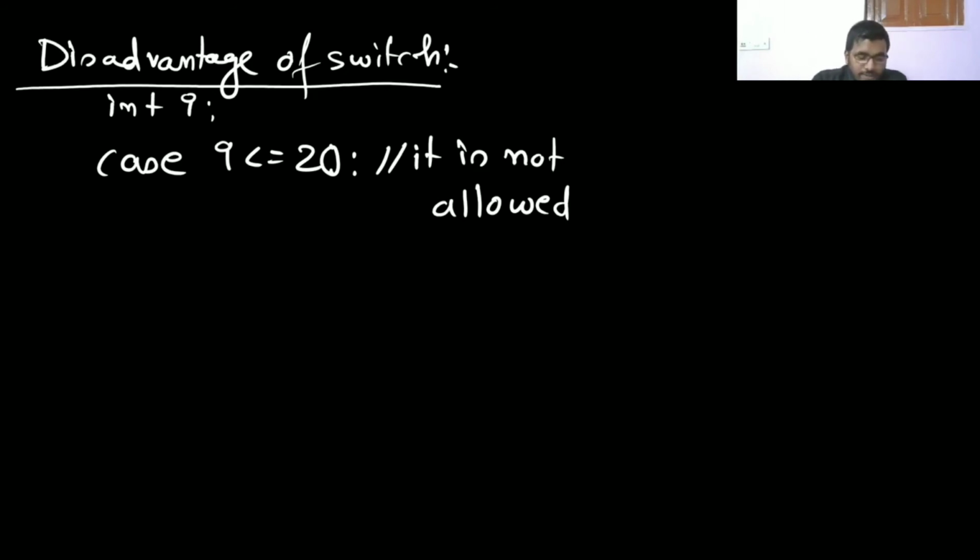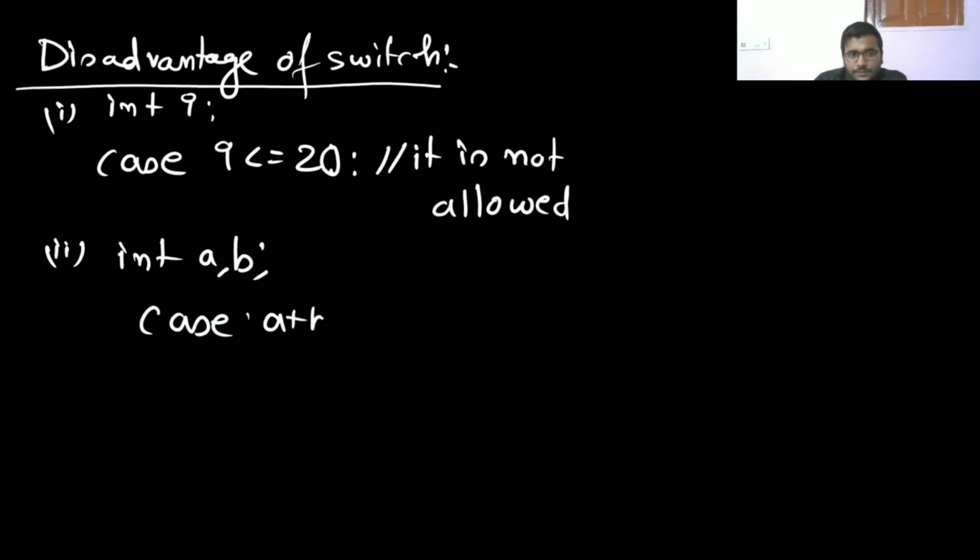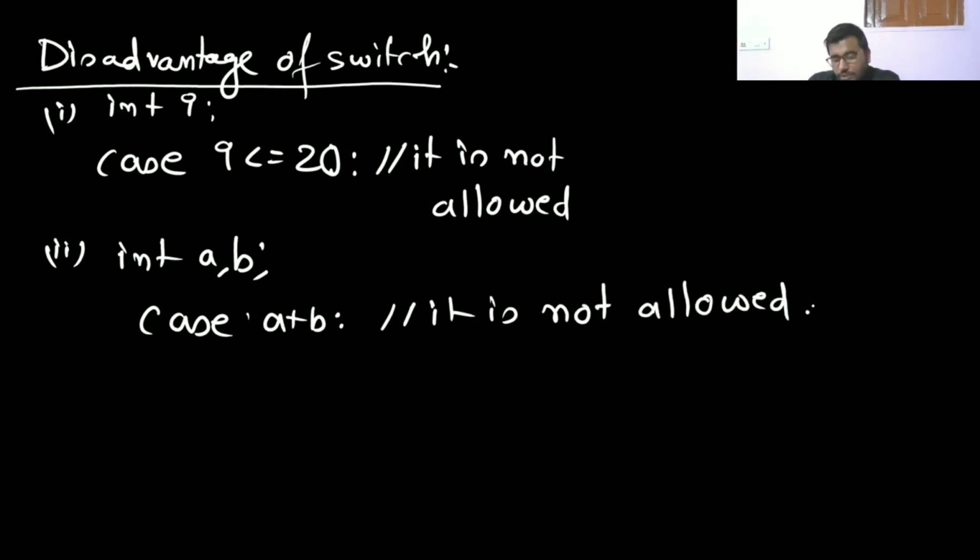And even if you are having variables, like in the next example, int a, b, then case a plus b is also not allowed. These things are not allowed. Only constant expressions are allowed.